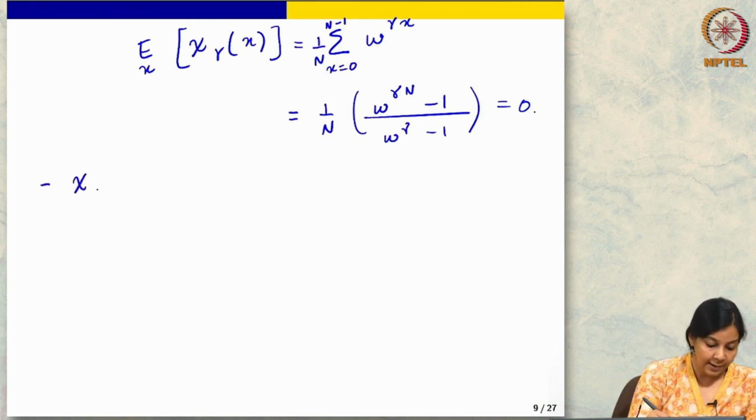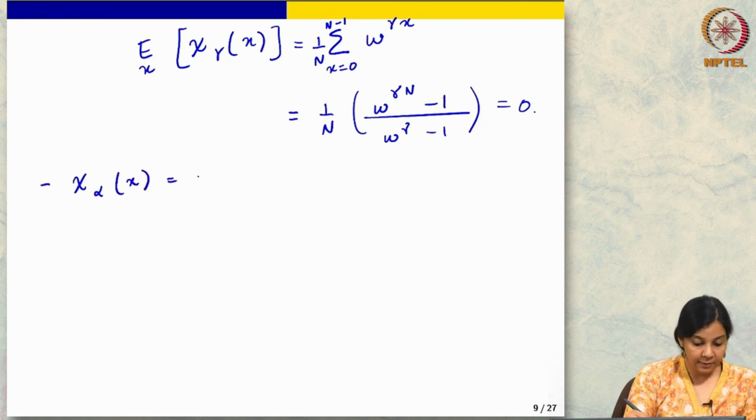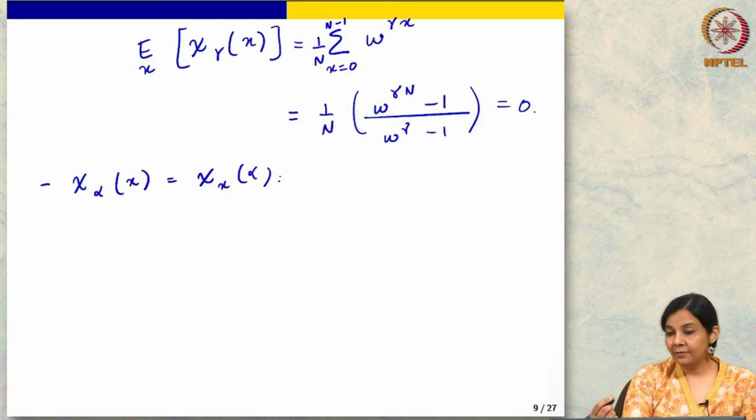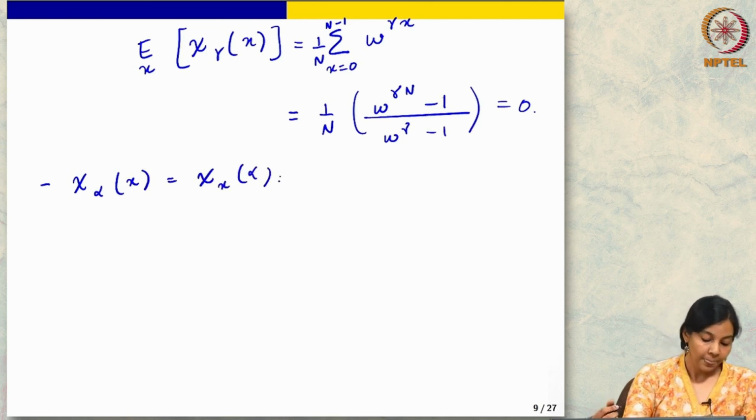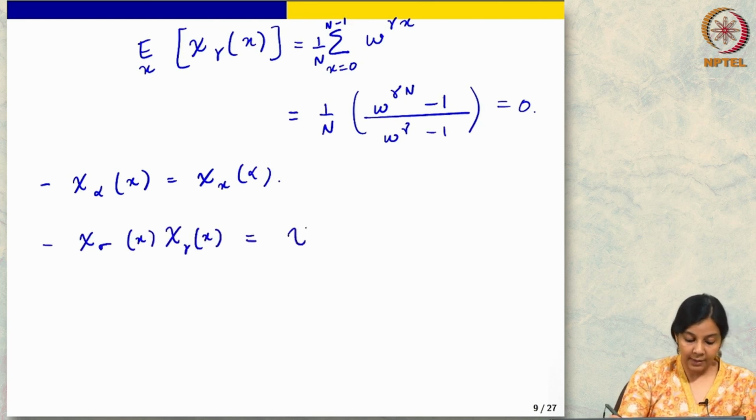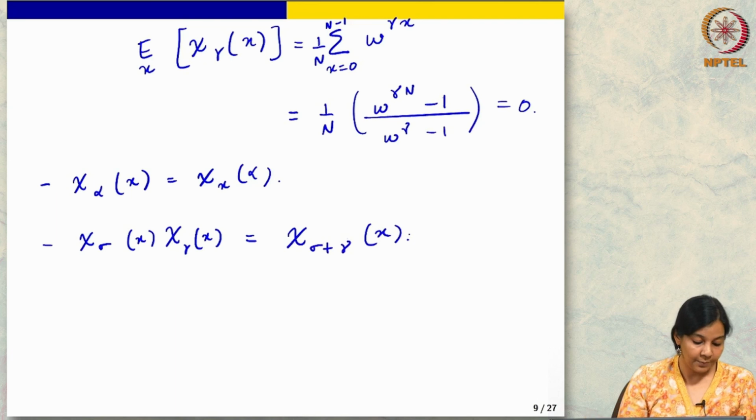Chi alpha of x is the same as chi x of alpha. This is very easy to see just by definition. And also chi sigma of x times chi gamma of x is once again equal to chi sigma plus gamma of x. Again this follows just by definition.